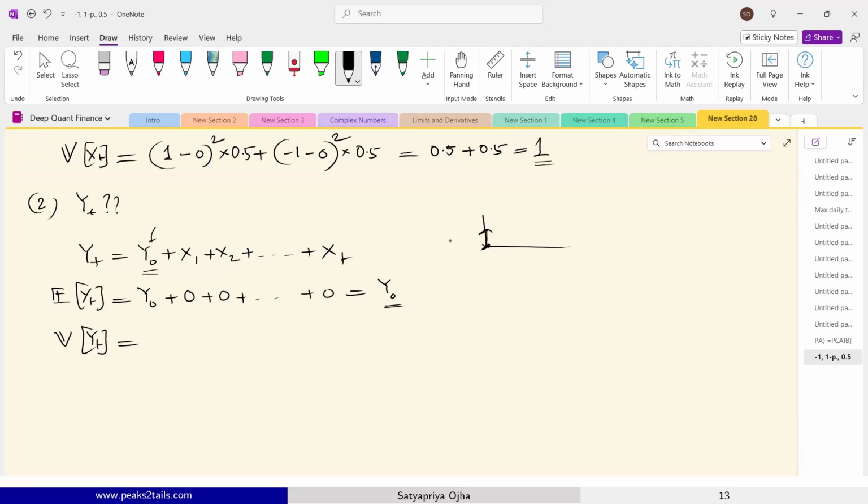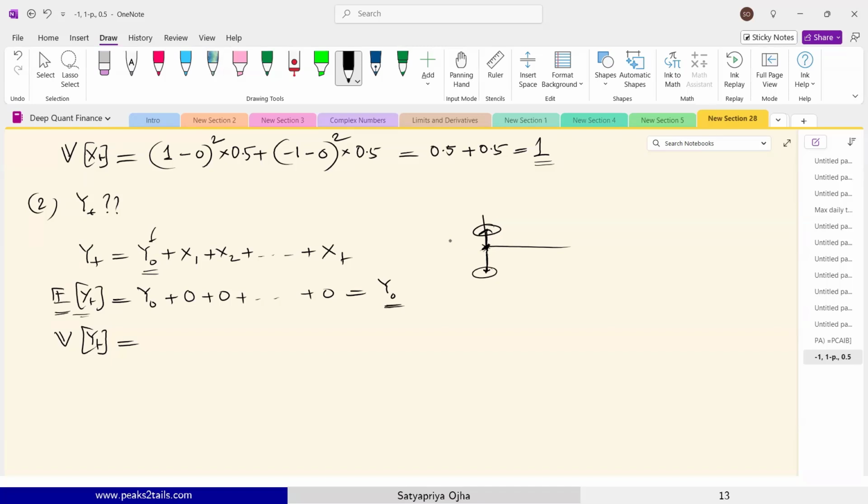Plus 1, then minus 1 you come here, or minus 1, then plus 1. So when I'm saying expectation of yt equal to y0, is it always true even for odd steps? Because let's say after step 1, either you are here or you are here, you are not at 0, right? The key idea is expectation, average. Remember, average is not same as the value.